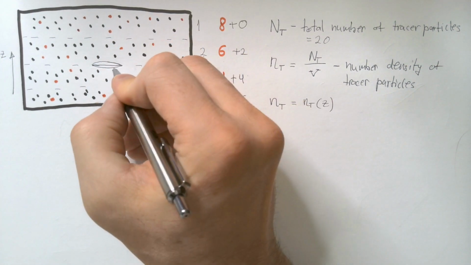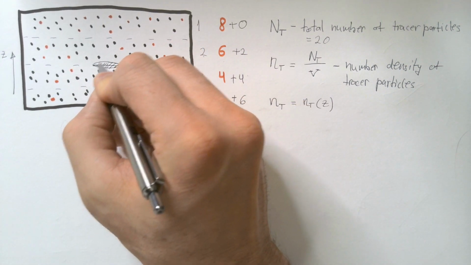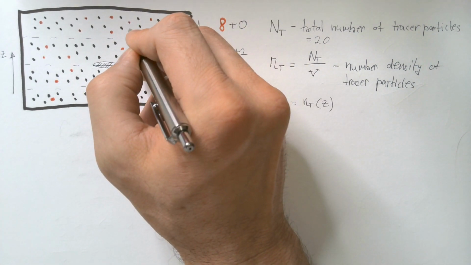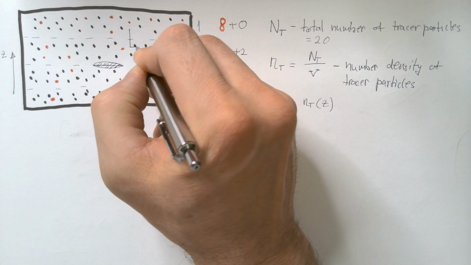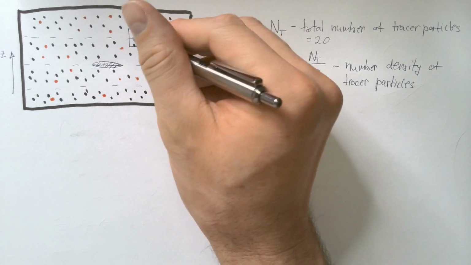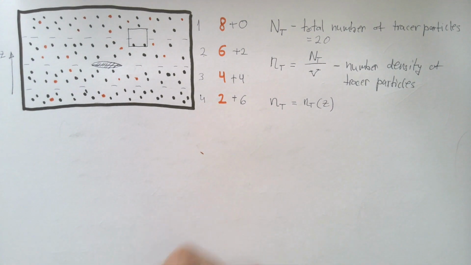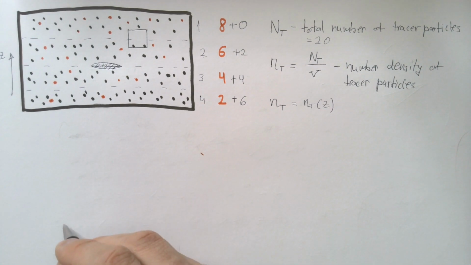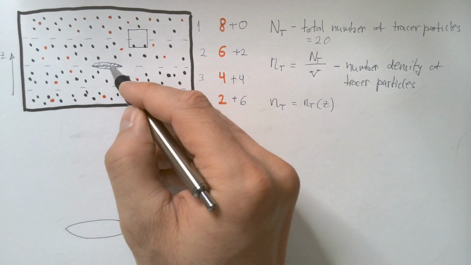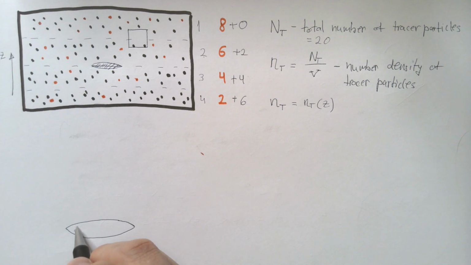And I will take, so this is the surface element, and I will take a volume element somewhere here in the box. And now I will zoom in this figure over here. So what I'm saying is, imagine this over here is this surface element ds.